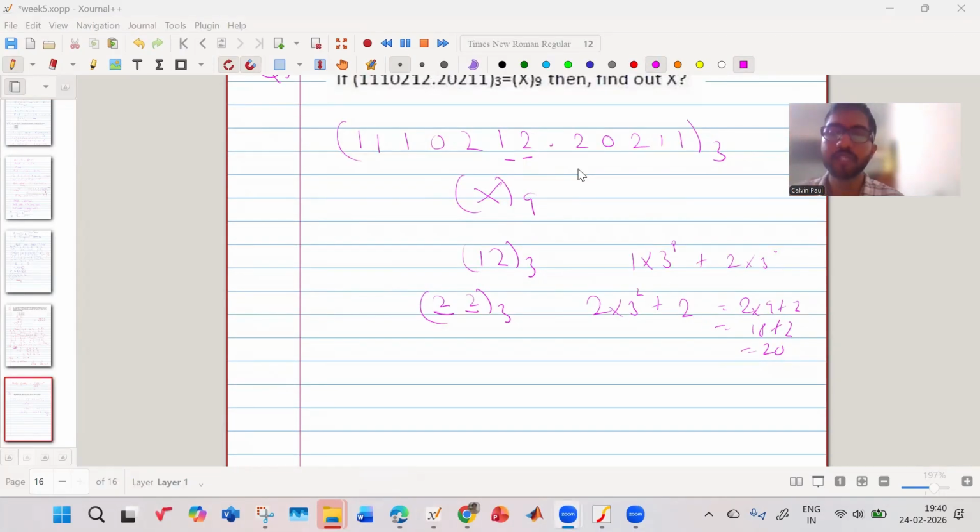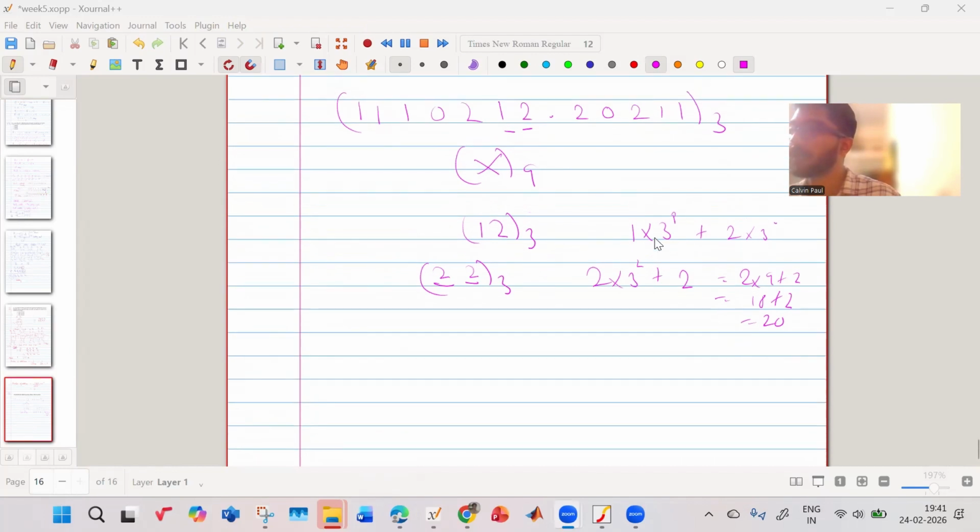Okay, so we need to convert it from number system 3 to number system 9. So let us basically go to the number system which we are most comfortable with. That is, we convert it to number system 10. So how do we write it?